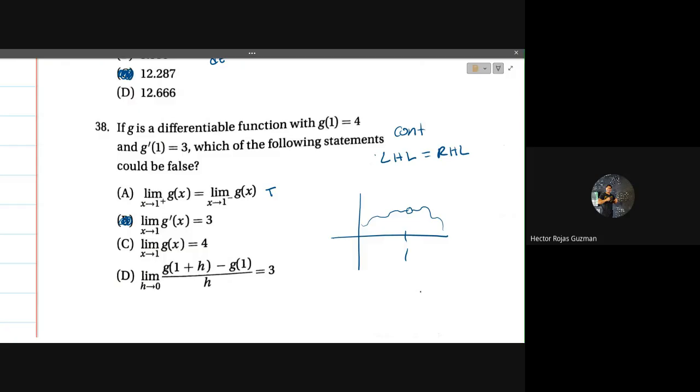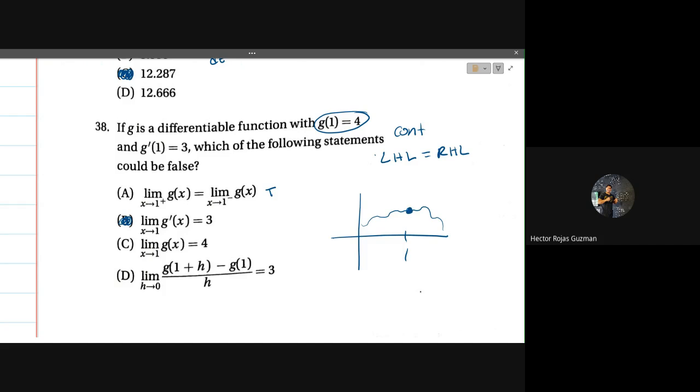Is the point open or closed? Open. So wouldn't it equal 4? It's actually closed because it's differentiable. You can't differentiate something if it's discontinuous, so it has to be filled in.